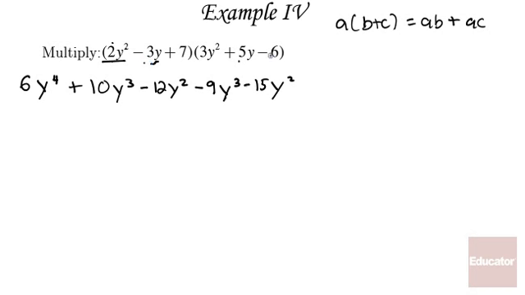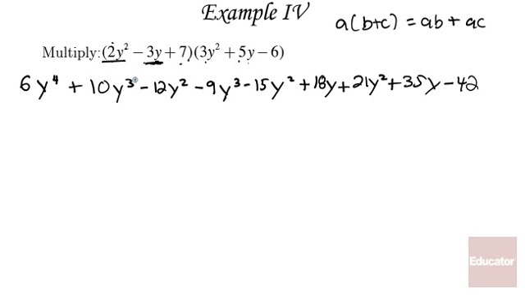Negative 3y times negative 6 is plus 18y. Took care of that. Now 7. 7 times 3y squared is 21y squared. 7 times 5y is 35y. 7 times negative 6 is negative 42.